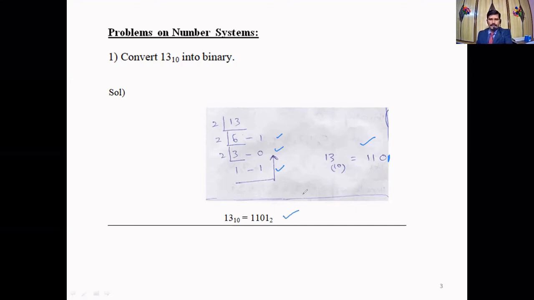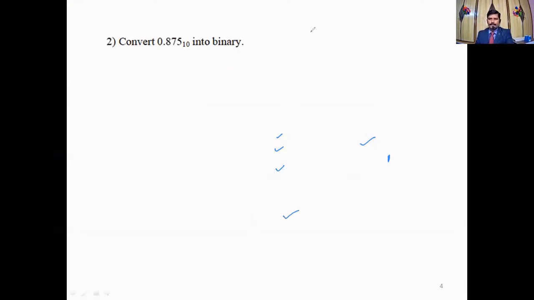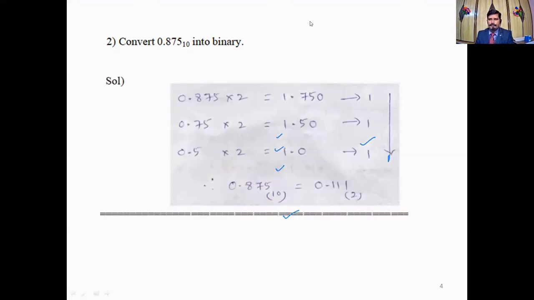Let us go to the second problem. Same number, 0.875 times 2 equals 1.750. This 1 we need to put here. Then 0.75 times 2 equals 1.5; this 1 we put here.